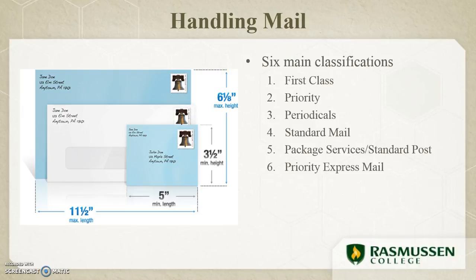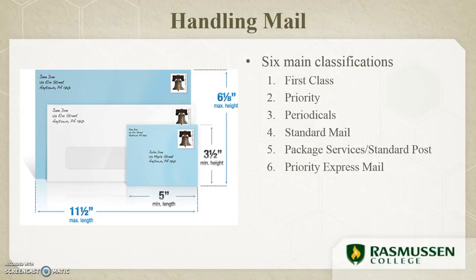The most common types are first class, priority, periodicals, standard mail, package services or standard post, and express mail. First class mail are letters, postcards, business reply cards, all weighing less than 13 ounces. Priority mail is first class mail weighing more than 13 ounces, but up to a maximum of 70 pounds.